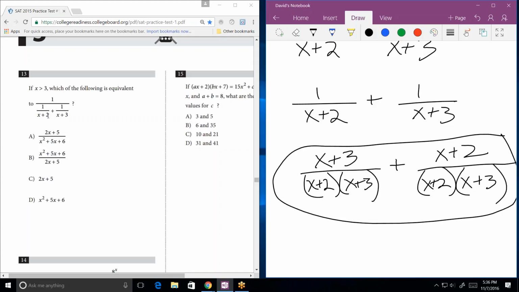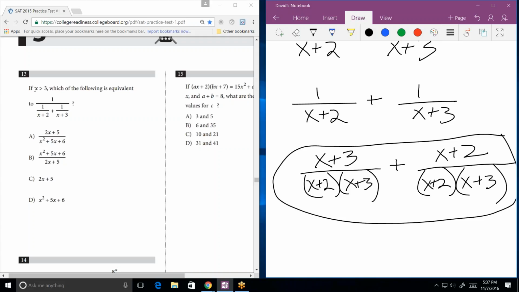Whenever you're given a problem like this, these domain restrictions do not go away just because we manipulate the expression. Up here I've got a domain restriction: x can't be minus 2 and x can't be minus 3. Then I pick up another domain restriction here, x can't be minus 5 halves. They take care of all three of those restrictions by telling you x has to be greater than 3. That's the only reason.